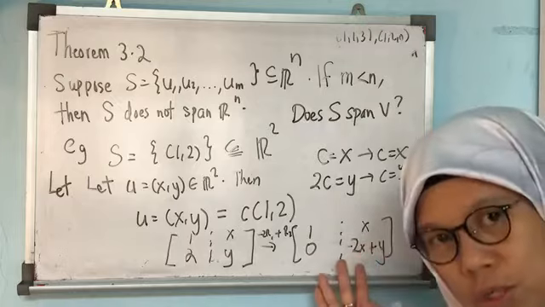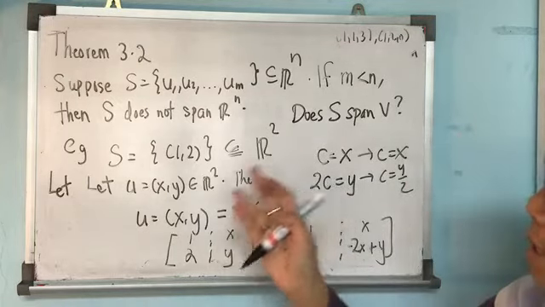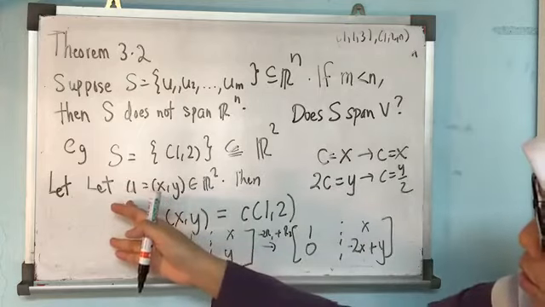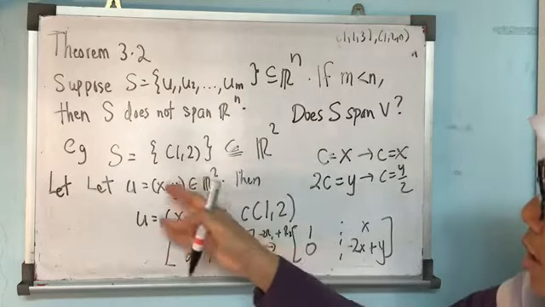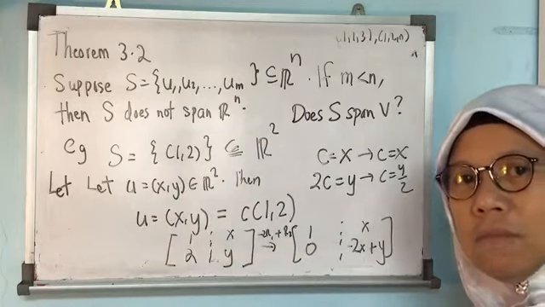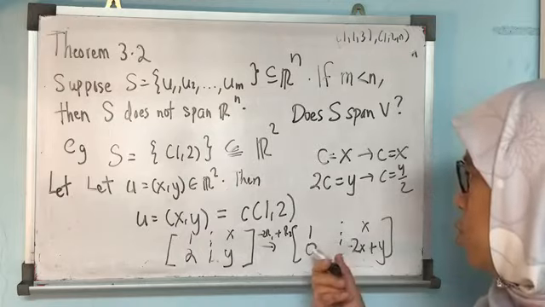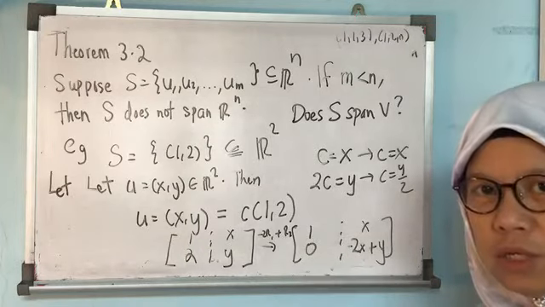Inconsistent meaning there is no solution, meaning C does not exist, meaning you cannot write all U in R2 as a linear combination of vectors in S, so S does not span V. So the key is to solve this equation.